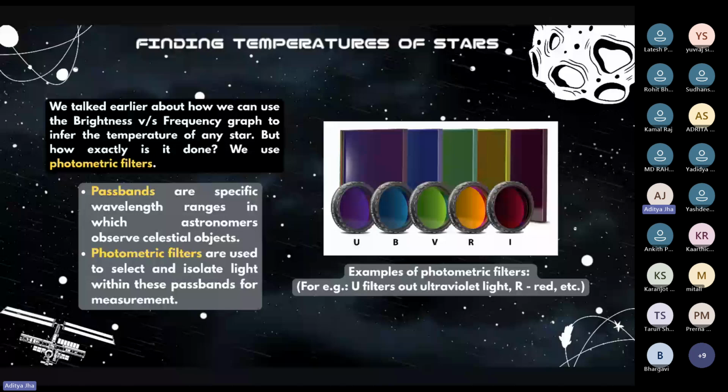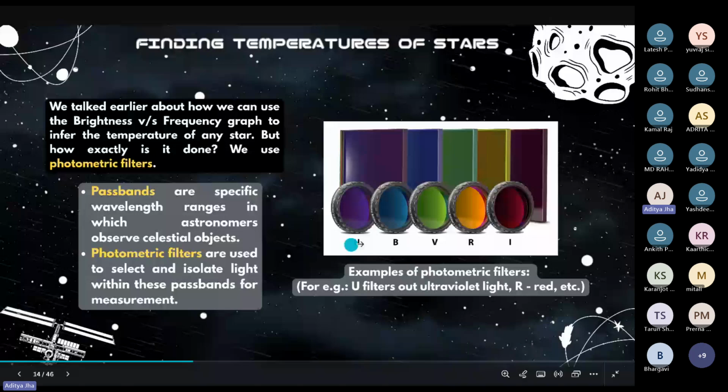So like let's say you have a wavelength range around the visible light blue color, a small range of a few nanometers, or the ultraviolet, right? Basically, photometric filters will take these small passband or wavelength ranges and only let those ranges pass through them, filtering out everything else, right?